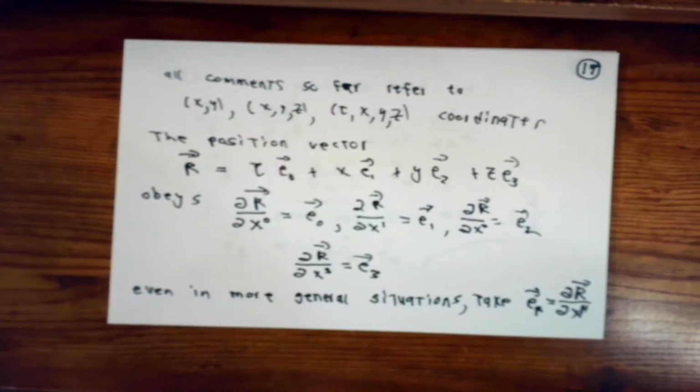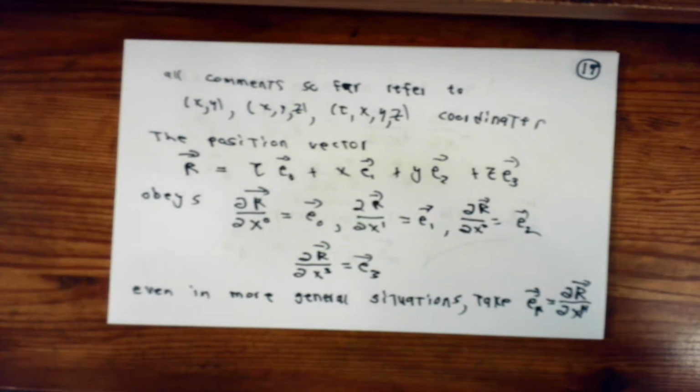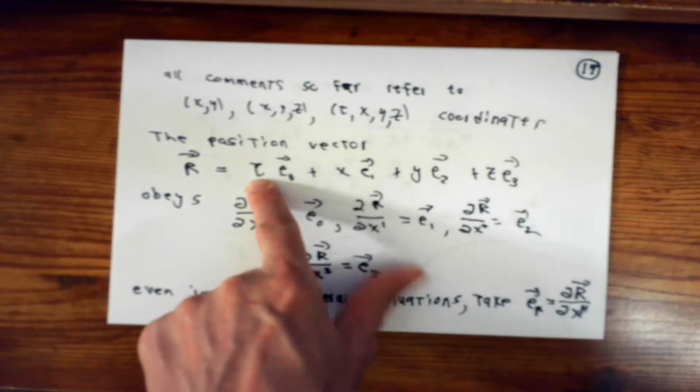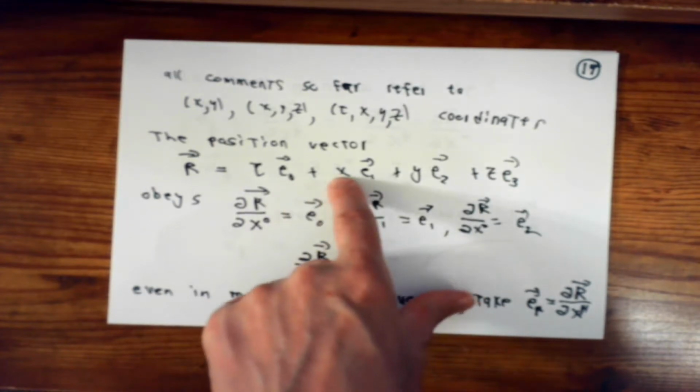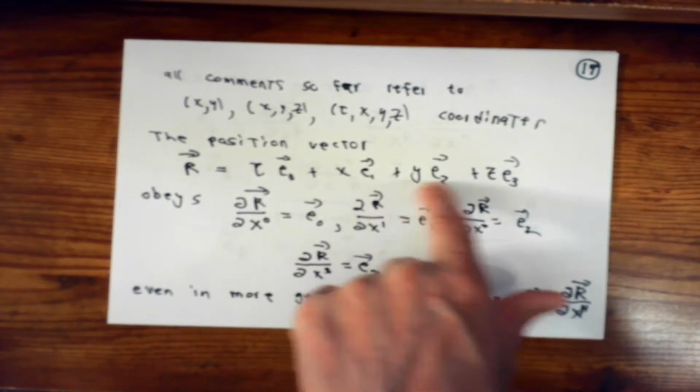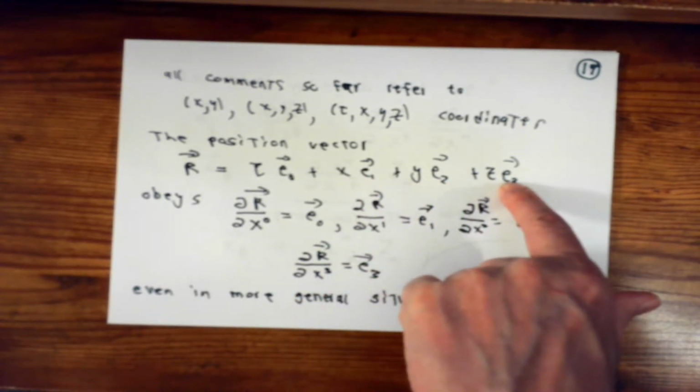Another thing you can do, and this will apply either to x and y, or x, y, z, or even t, x, y, and z. I'll think of the position vector, which, like in Calc 3, we define to be the coordinates times i, j, and k, or x0, coordinate number 0, times e0, plus x1 times coordinate vector number 1, x2, e2, x3, e3.